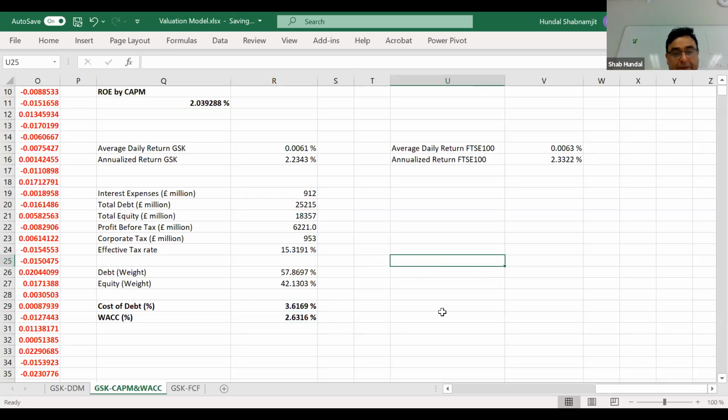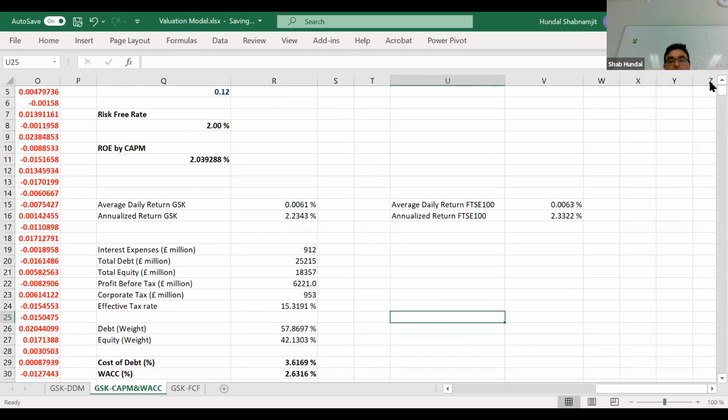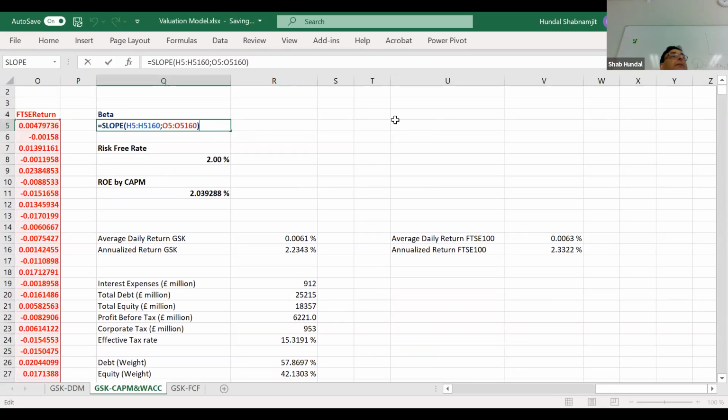But before I come to this, now I calculate the beta. Beta is a measure of responsiveness. So basically, this is calculated as a slope.